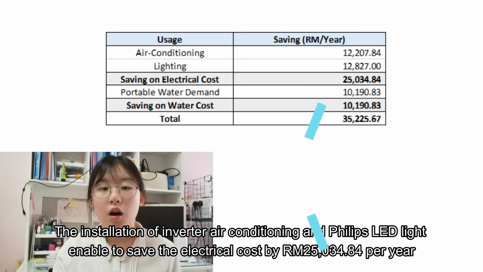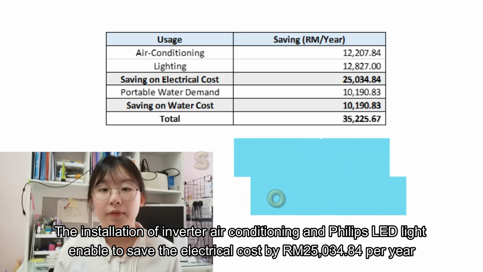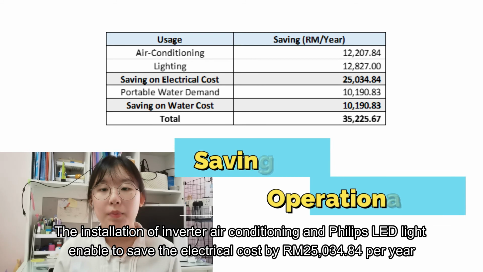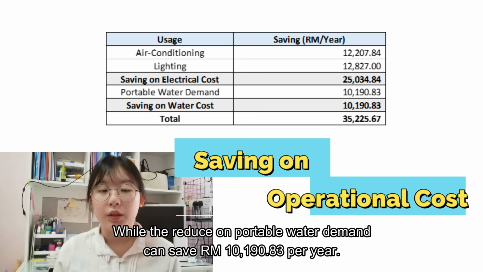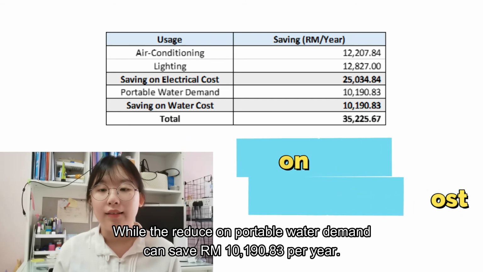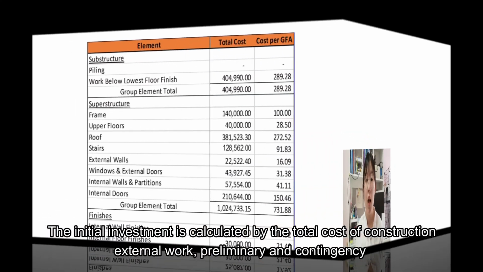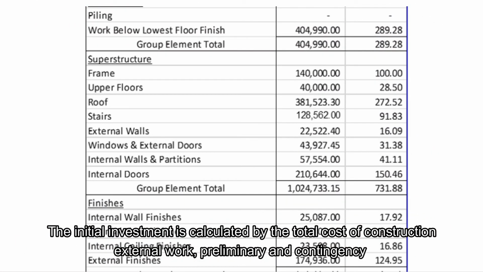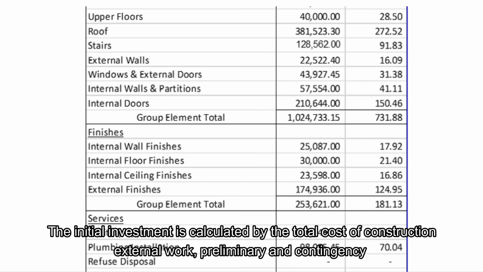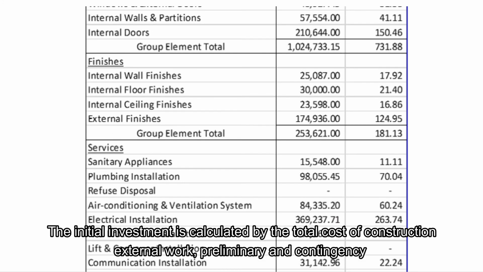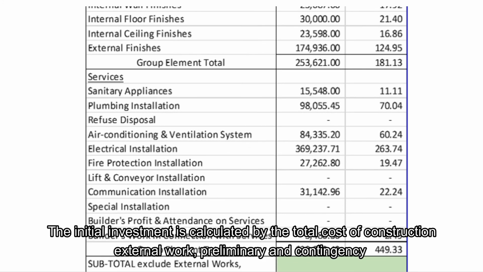The installation of inverter air conditioning and Philips LED light is able to save the electrical cost by 25,034 ringgit per year, while the reduction in portable water demand can save 10,119 ringgit per year. The initial investment is calculated by the total cost of construction, external work, preliminary, and contingency.